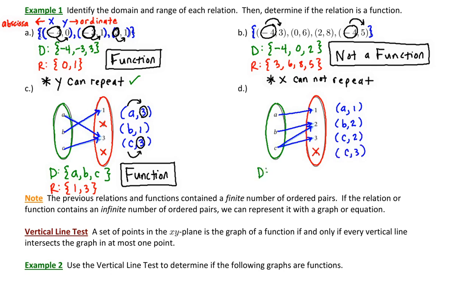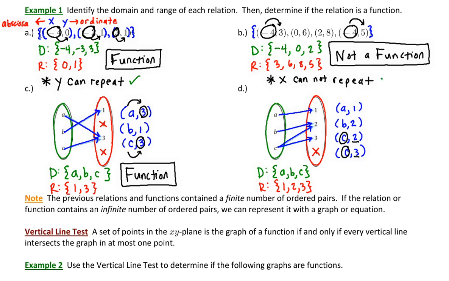So our domain consists of elements A, B, and C, and the range this time consists of elements 1, 2, and 3. As for determining if this is a function, notice we have one x value, or one first component, with 2 different second components, or 2 different y values.